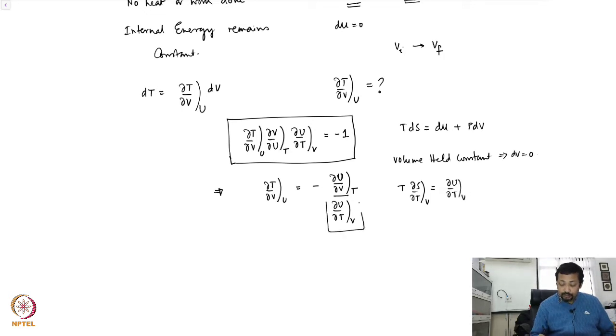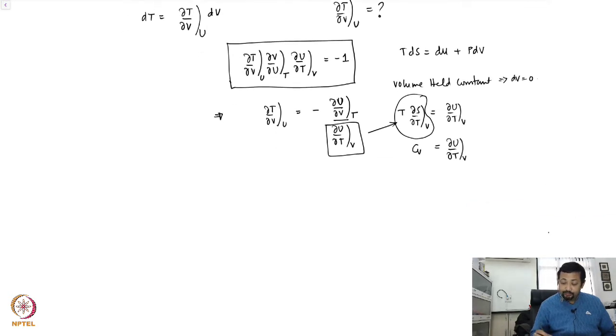So you know what this derivative is. It follows from this, and if you recall, this is the definition of Cv. So that we write this as minus 1 over Cv times (∂U/∂V)_T.